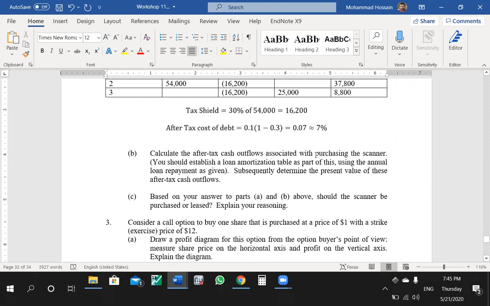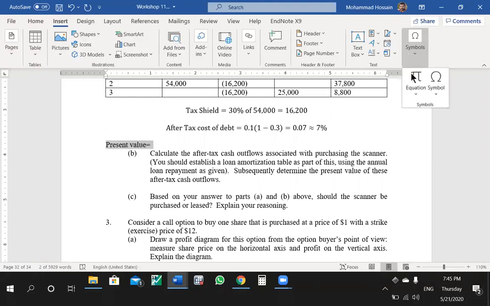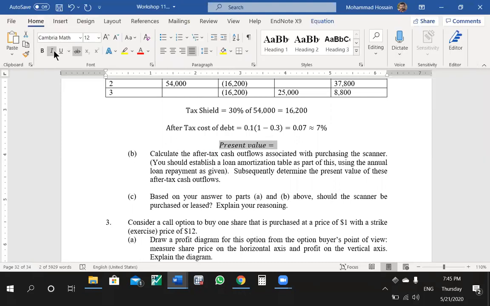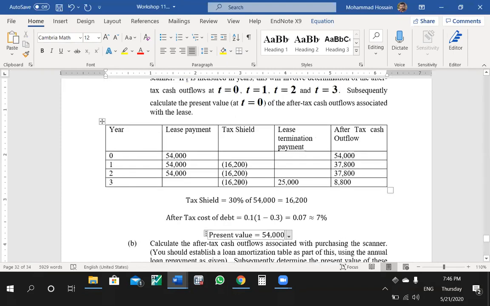Now you need to calculate the present value. Present value is equal to $54,000 for the first year, year 0. Okay.